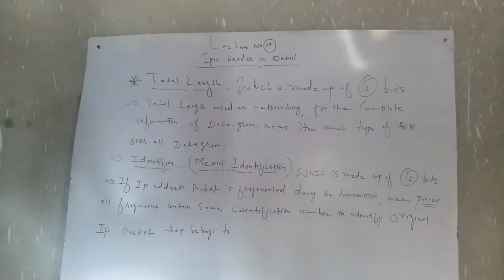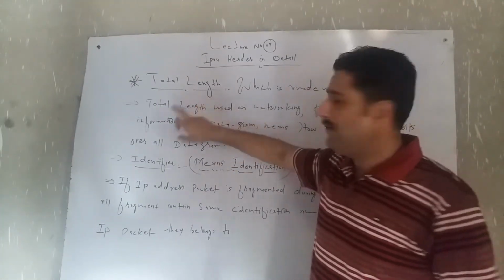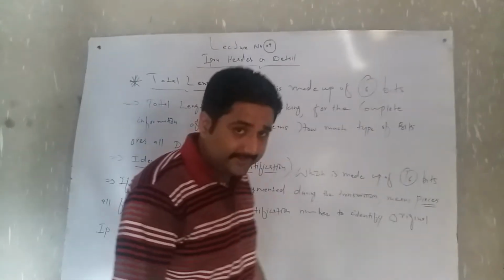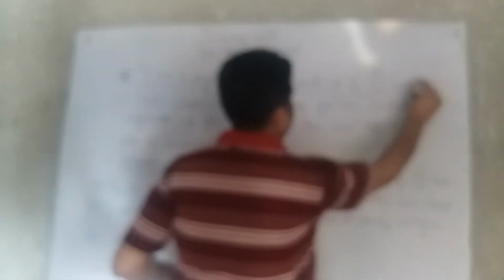Okay, dear friends, still continuing our lecture number 9, IPv4 header in detail. Now we will focus on two other fields, total length and identifier. Total length is made up of 16 bits.